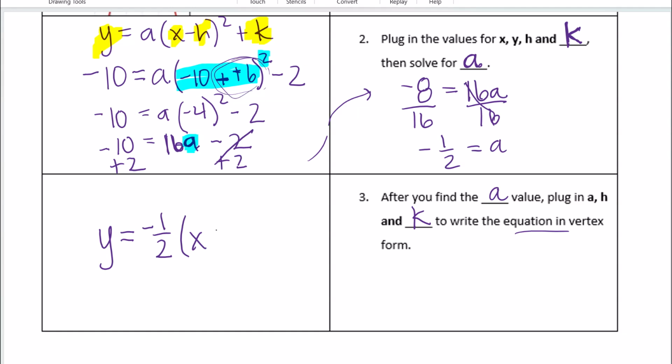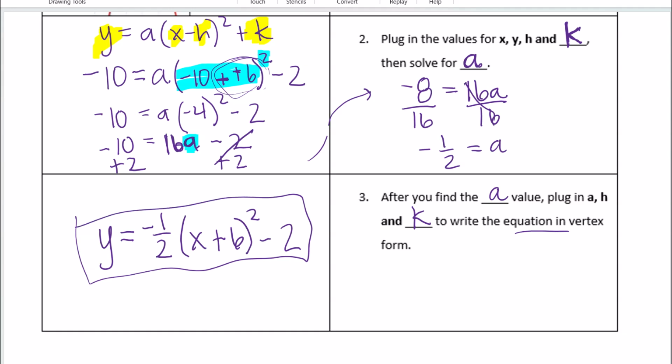And then it was, if you remember, minus the negative 6. So it's really going to be plus 6 squared. And the k value is minus 2. And that is the equation of the parabola.